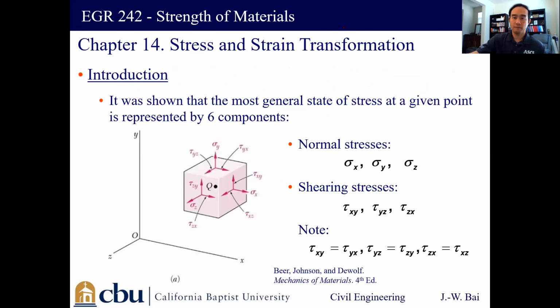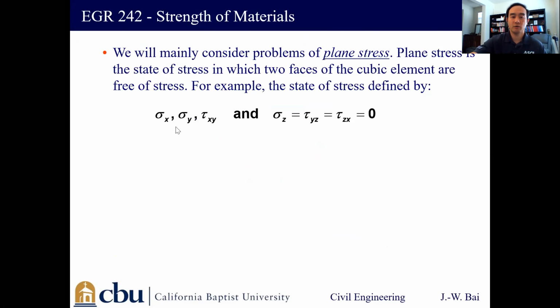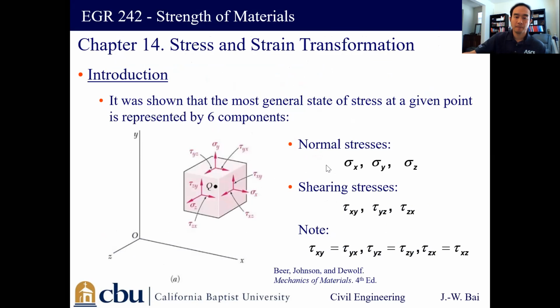The plane stress situation is that we have these 3 stresses as unknowns, but the other 3, sigma z, tau yz, and tau zx, will be equal to 0. So let me go back to this original stress block. We're going to say this is the sigma z, okay?